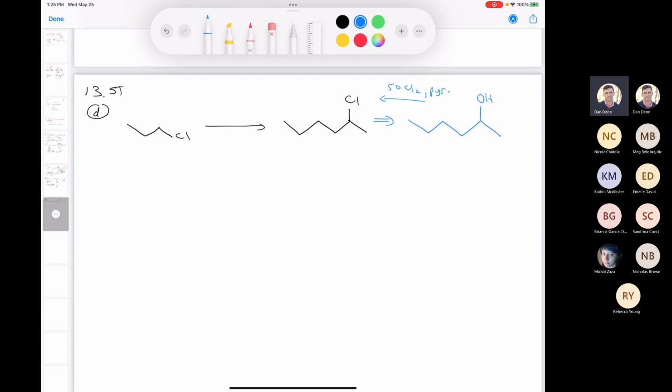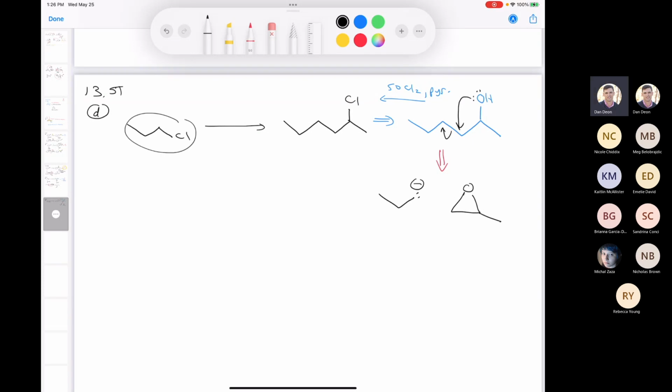Anyhow, so if we could make the alcohol, then you could do a second retrosynthesis where you did that backwards mechanism thing and you'd end up with a Grignard reagent like this, but then you'd have this as your epoxide.